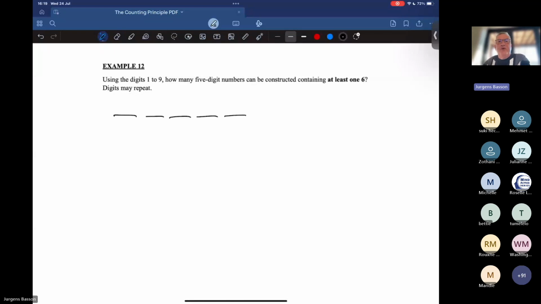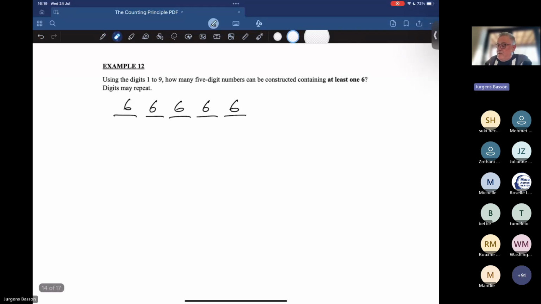You will agree with me, what we are looking for is 1 six, or 2 of them, or 3, or 4, or 5 of them. So there can be 1, 2, 3, 4, or 5, because it's at least 1. They only give us the minimum, but it can be more.